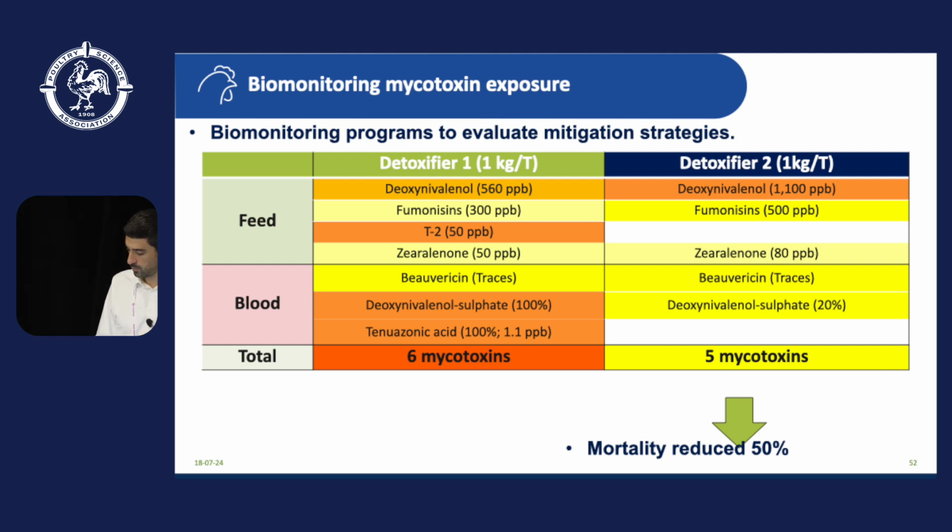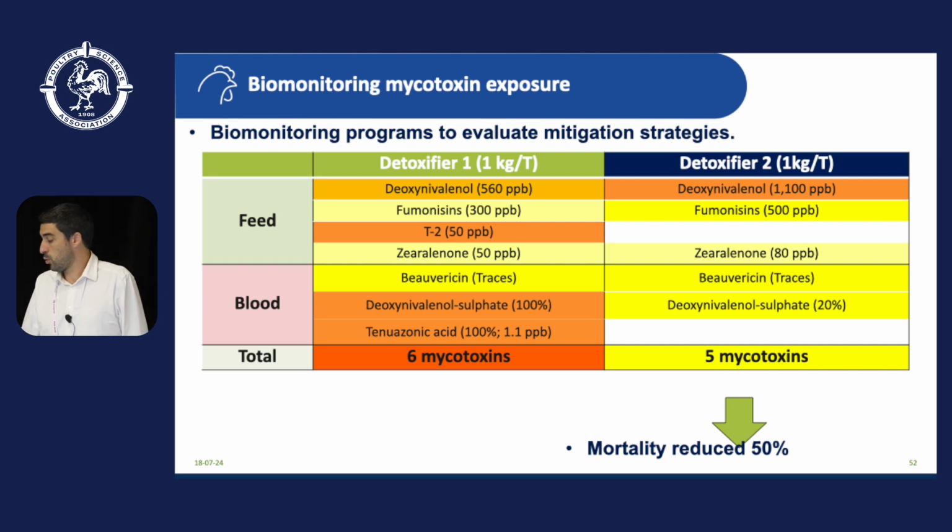But then in the blood, we detected that all the animals under this detoxifier technology had DON in the blood. All these animals had tenuazonic acid in the blood, while of the animals under this detoxifier, only 20% of them had DON in the blood. Tenuazonic acid was not detected in the blood.